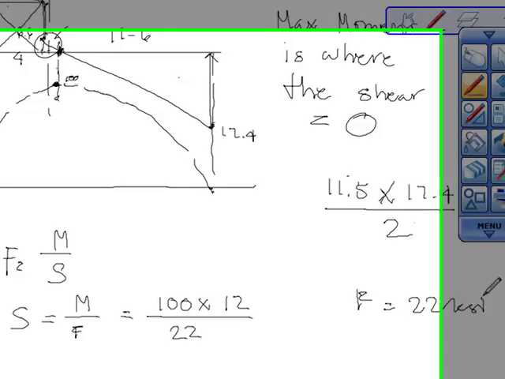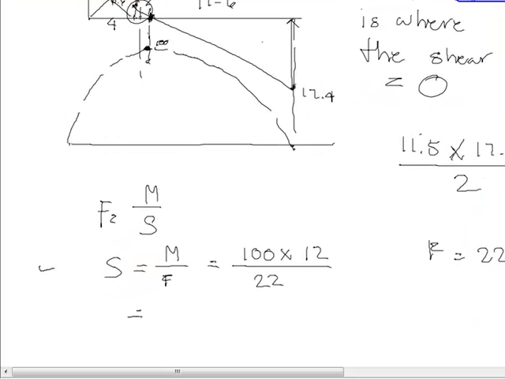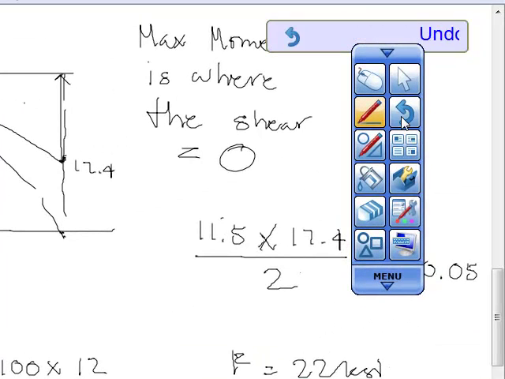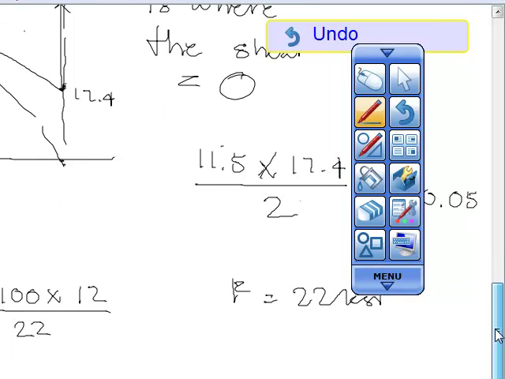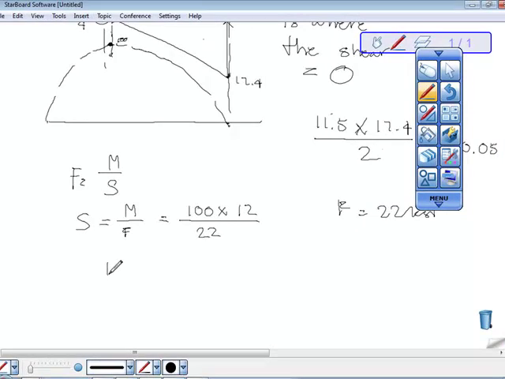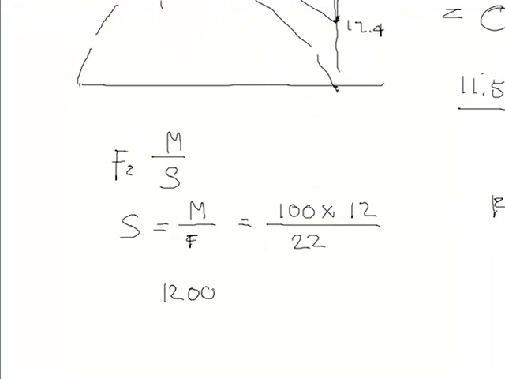So if you add all that out, you're going to get S equals 1200 over 22, equals 54.54 inches cubed. That's your S.